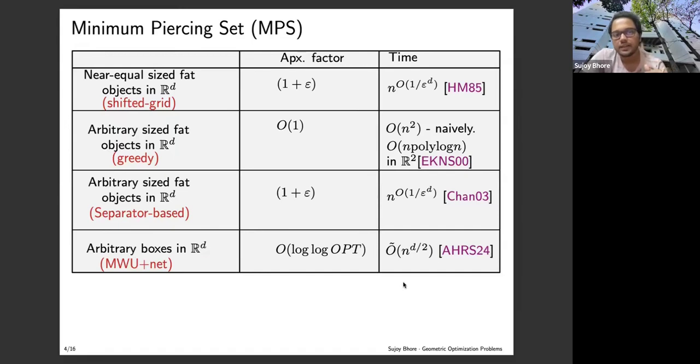Now, for arbitrary size fat objects, there is a separator-based algorithm by Chan that also achieves the approximation factor 1 plus epsilon with time on the order of (1/epsilon)^d.